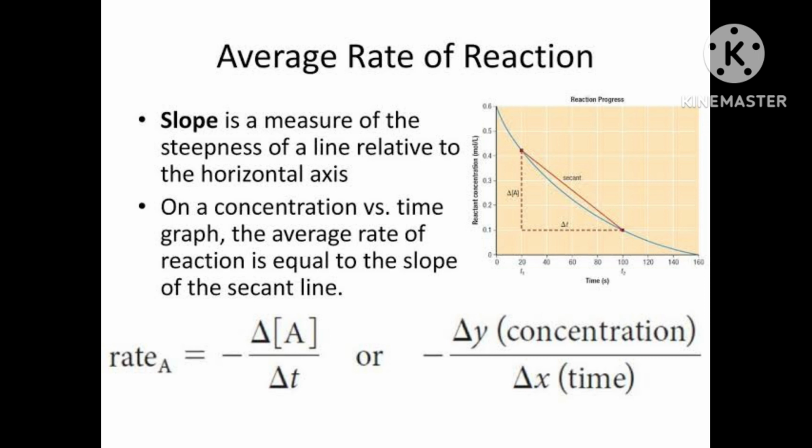At 0 time, what was the concentration? It was 0.100 in the beginning. After 50 seconds, its concentration is 0.0905. The difference of time is 50 seconds, 50 minus 0, so delta t is equal to 50.